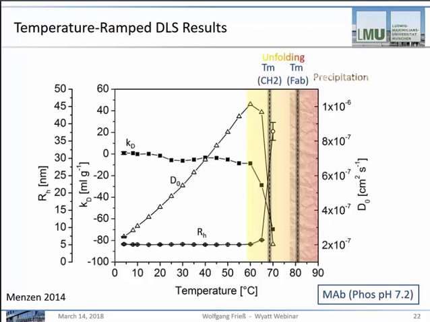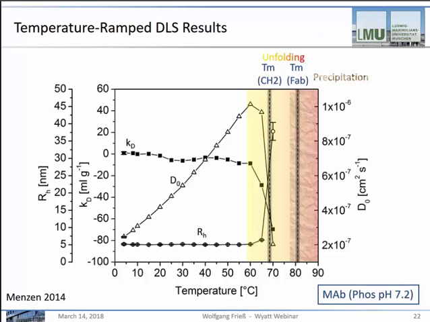This leads to a substantial change in the diffusion coefficient, meaning that we all of a sudden have larger species, that we also have a strong decrease in Kd, meaning that we have substantial interactions between the molecules. And this happens even before we see noticeable precipitation.